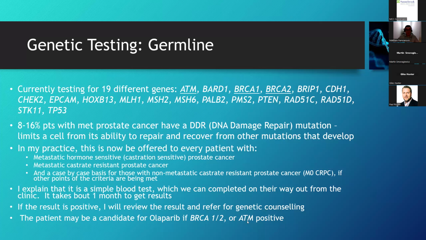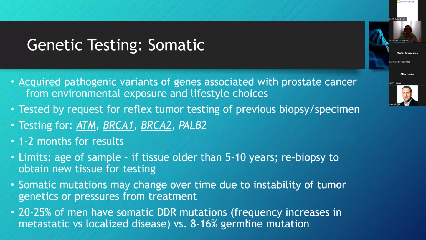If the result is positive, I typically review this with them over the phone and review them for genetic counseling, and I would make a referral for that component. The patient may also be a candidate for olaparib if they demonstrate BRCA1, 2, or ATM positivity.